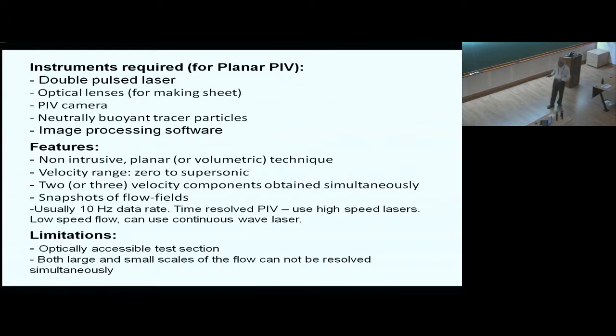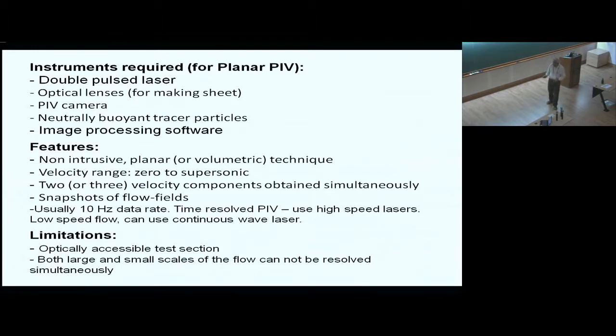And you can get 2 or 3 components of velocity simultaneously. And most PIV systems are around 10 hertz. So you get a velocity after every 1/10 of a second.